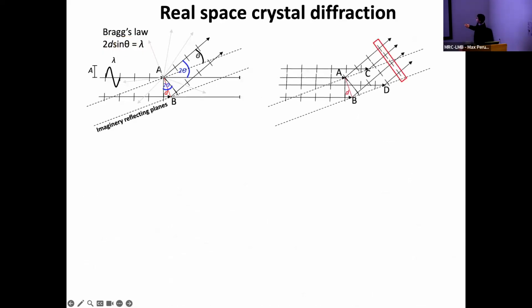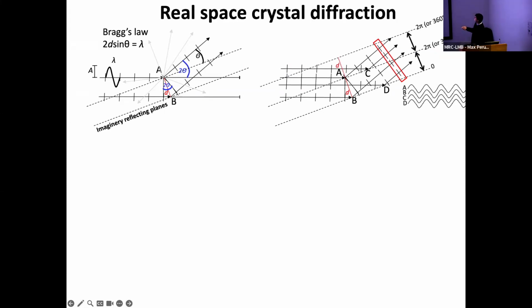As I said before, any atom, let's say even A, B, C, or D, that is sitting on these planes will always be in phase with each other. Okay, so it will always scatter in phase for the angle that satisfies the Bragg law. But how about if there are atoms in between the planes? Do they not diffract? Do they not scatter?